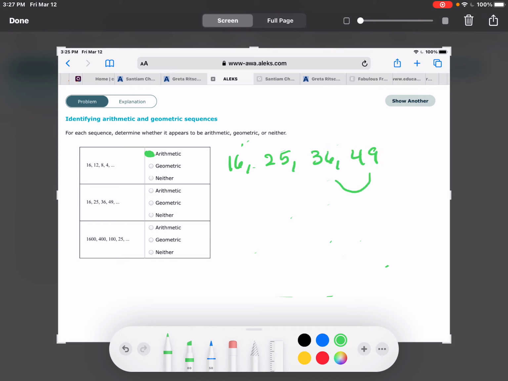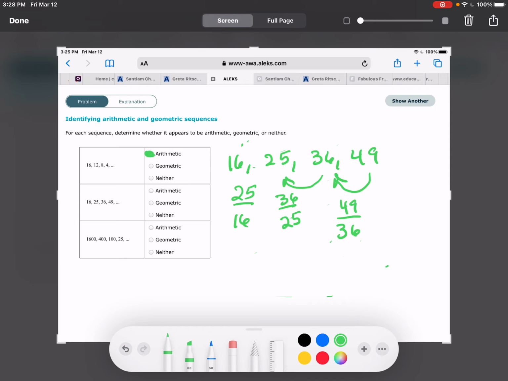We'll work backwards and do 49 divided by 36. You could certainly do that in a calculator and get a decimal. We'll do 36 divided by 25, and 25 divided by 16, and those need to be equivalent, but I don't believe they are at all.